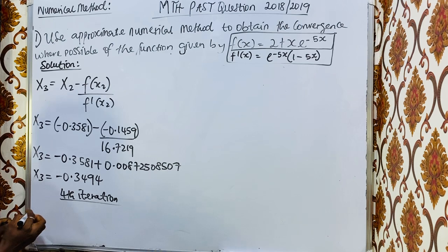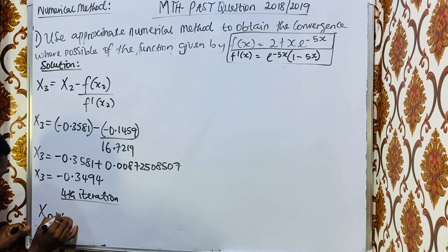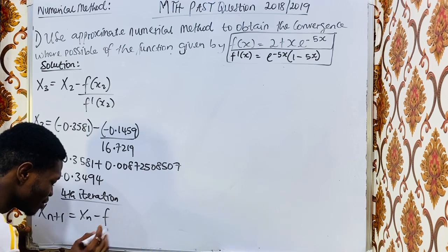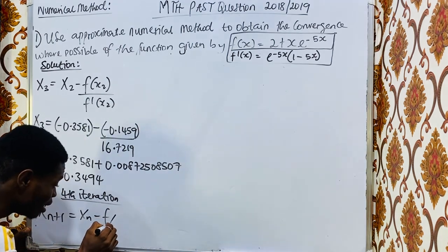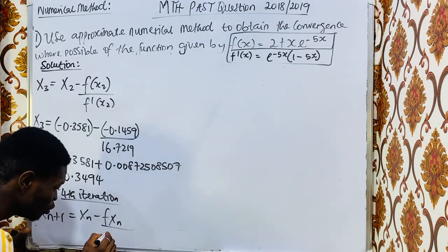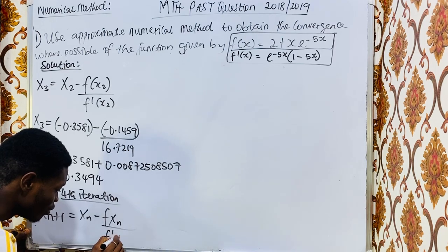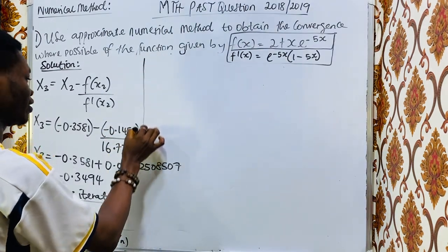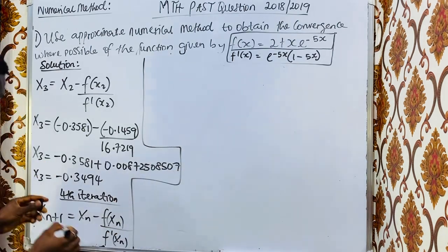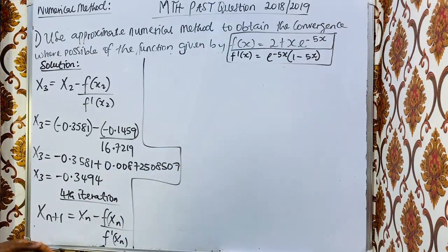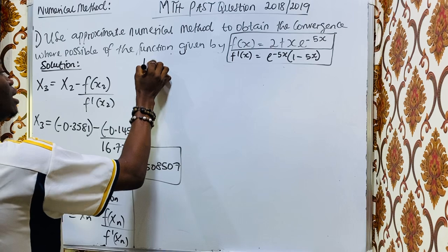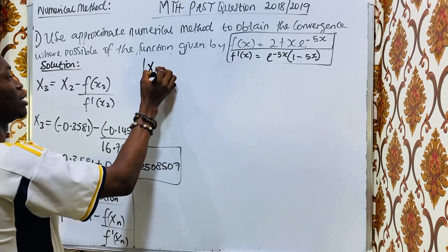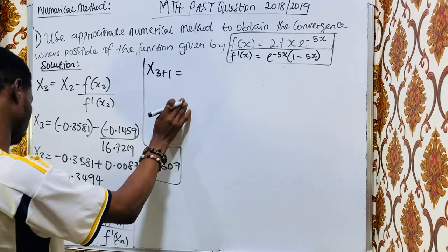Fourth iteration. So x_{n+1} equals x_n minus f of x_n all over f prime of x_n. So we'll be having x, 3 plus 1, because it's the fourth one.